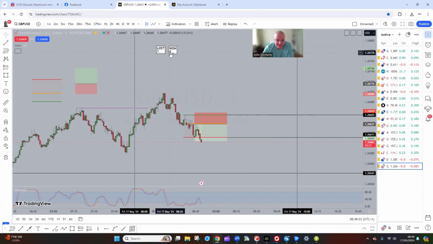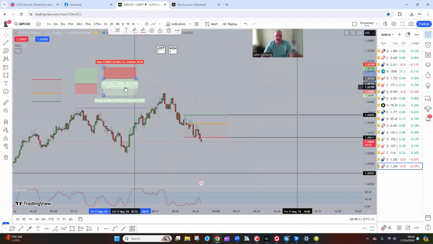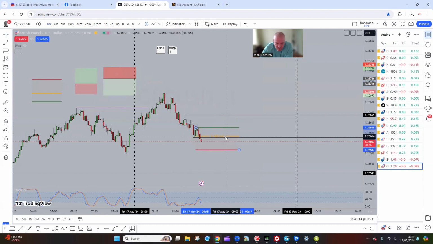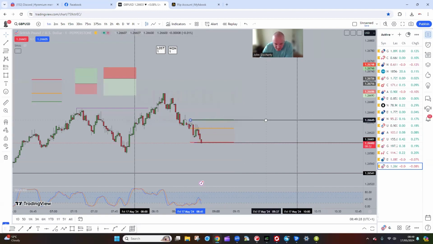Right, there's a win. So we are officially 0.5% up because we're doing 1 to 1.5. Let's reset the game. Right, so now we've got a high here. We've got a low here. So like I say, 1% lost, 1.5% won, so we're 0.5% up.